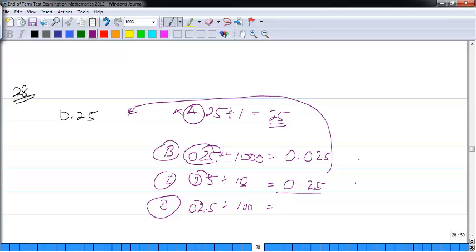So we're going to be moving these 2, and we're going to be moving them in front of the 5. So we're going to end up with what? Put a placeholder, 0.025. Okay, now the only one that matches what we have been asked to find is C. So our answer for number 28 is C.